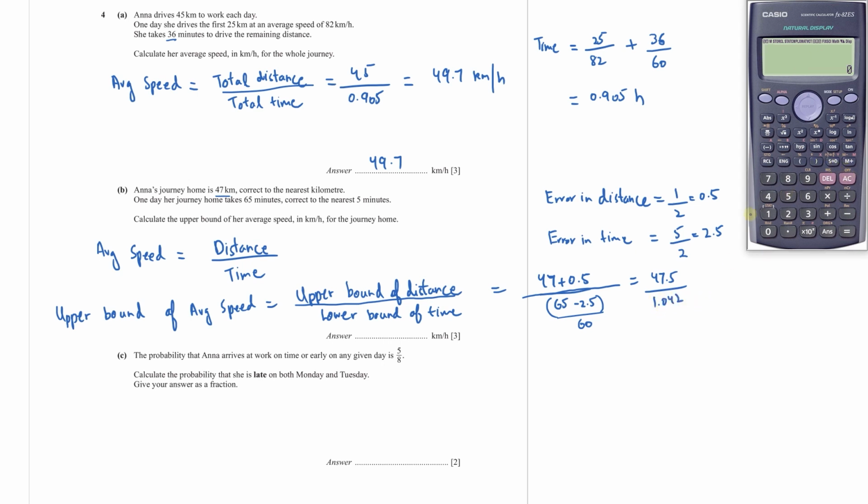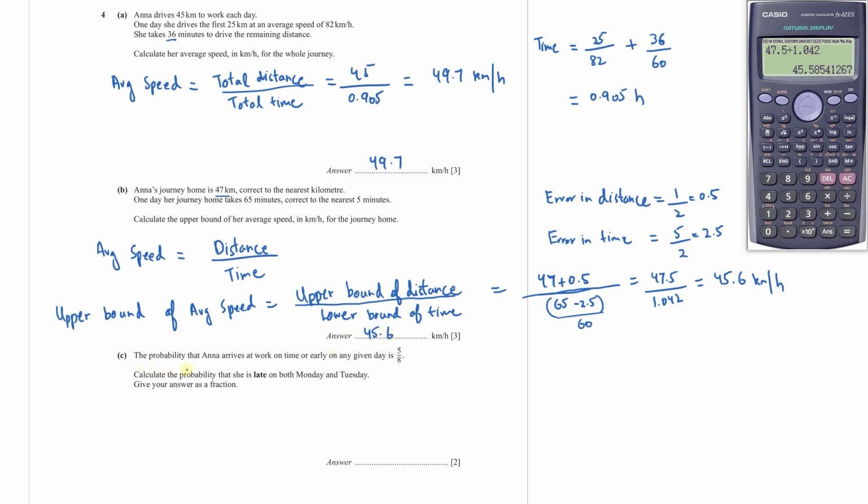So the lower bound of time is 1.042 hours and the upper bound of distance is 47.5. The average speed is 47.5 divided by 1.042. To three significant figures, this is 45.6. Since there is an 8, I'll round this up. 45.6 kilometers per hour.